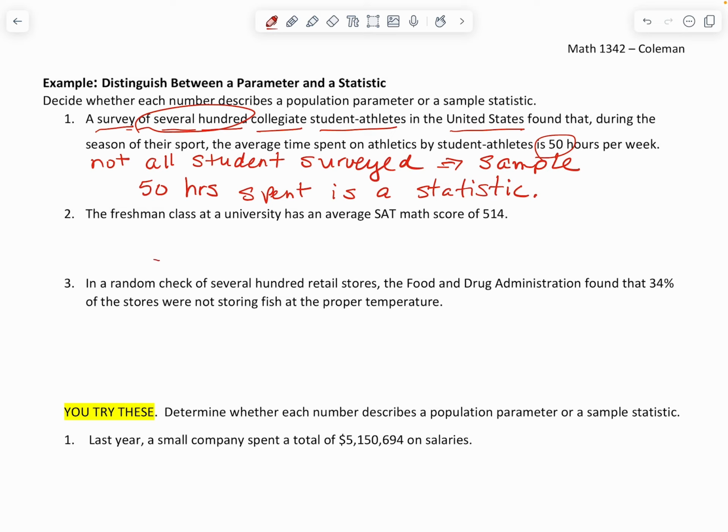Okay. So question 2 then says the freshman class at a university has an average SAT score for math of 514. So this is where population can get a little bit different, because in this case, we did survey the entire freshman class.